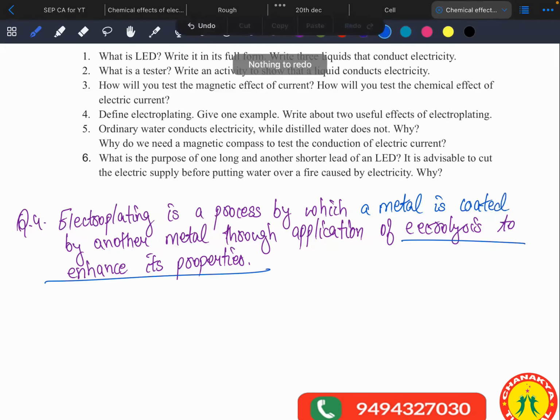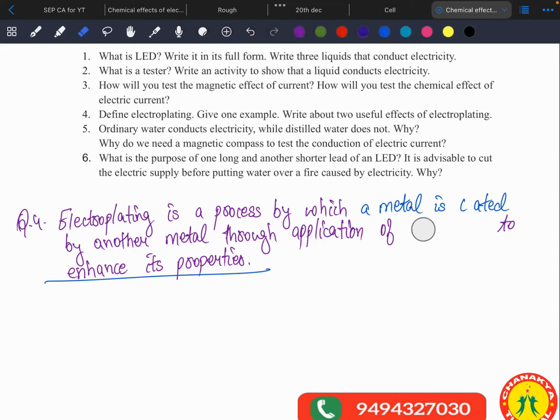Sir, I have a doubt. Okay, ask. Sir, should it compulsorily be coated on another metal or can it be coated on anything? Actually electroplating is only talking about coating of a metal. Here we will talk about metal only.